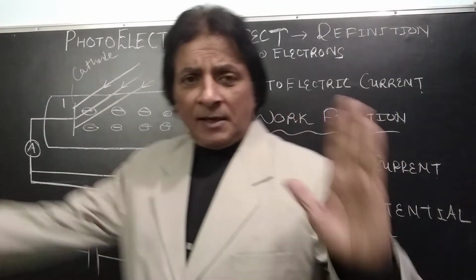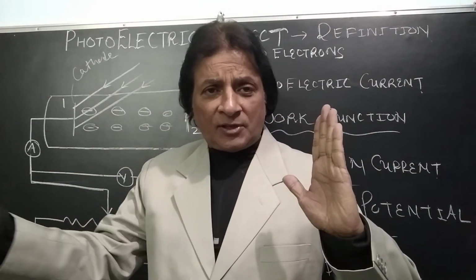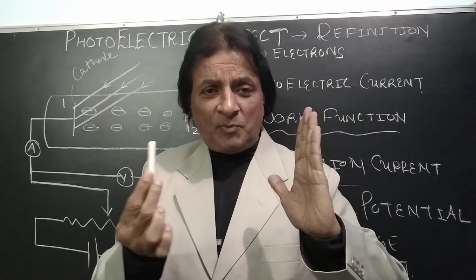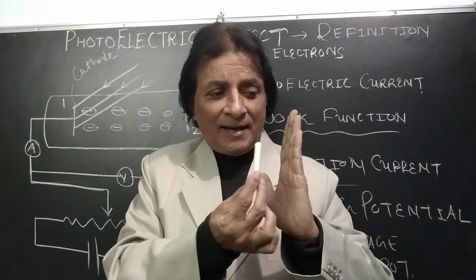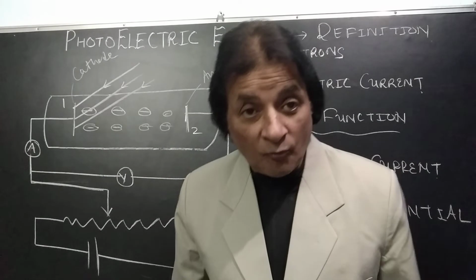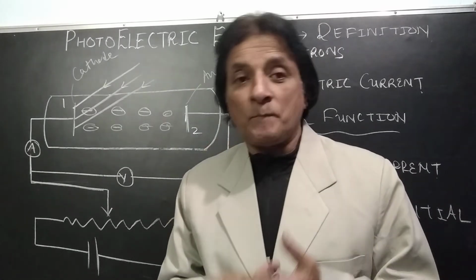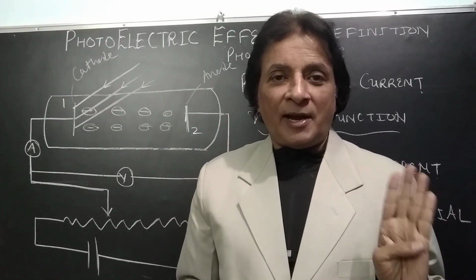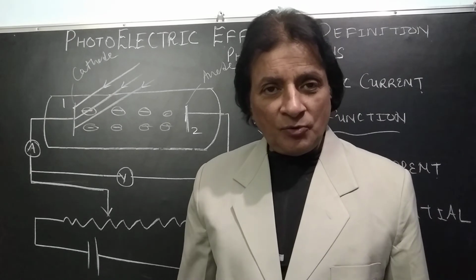It means the photoelectron is coming, but its speed is decreasing and it reaches here with decreased speed. This potential is called retarding potential. So I have cleared so many definitions to you.